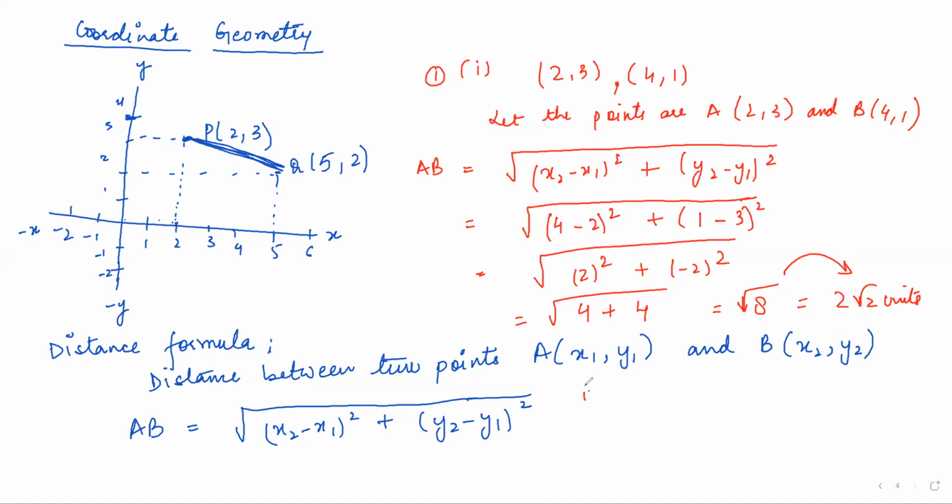Now, the second part, you will do it. Point A is (minus 5, 7), and point B is (minus 1, 3).